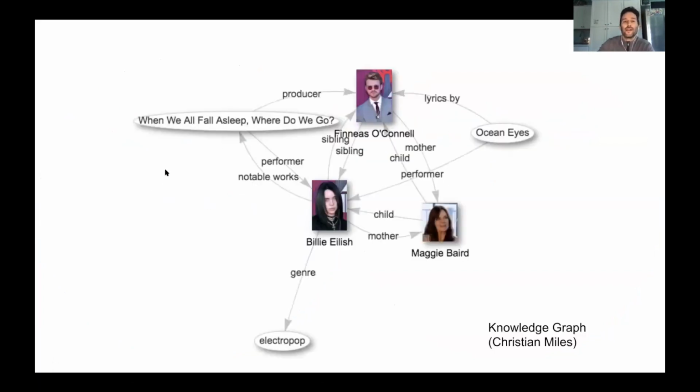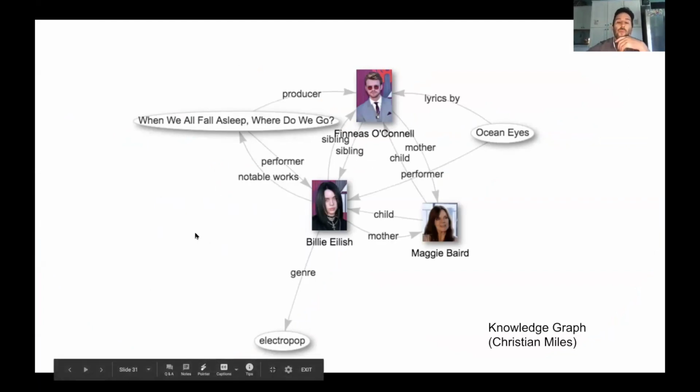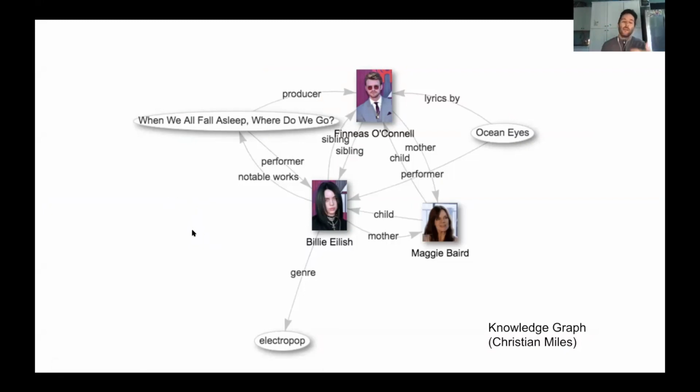It's an interesting concept, right? So when we think about how people are connected to each other in something like this knowledge graph, a knowledge graph connects different people, in this case, a singer and her brother and her mother, but it also connects her to the things that she's created, the things that he's created.